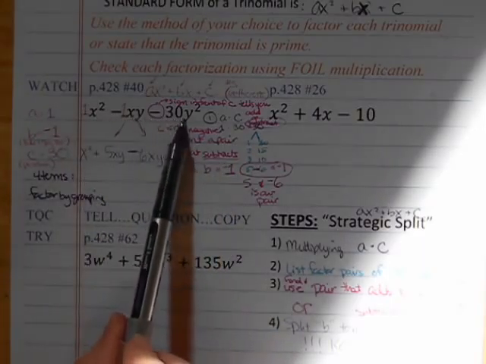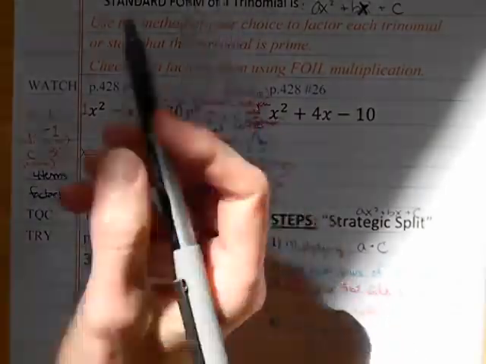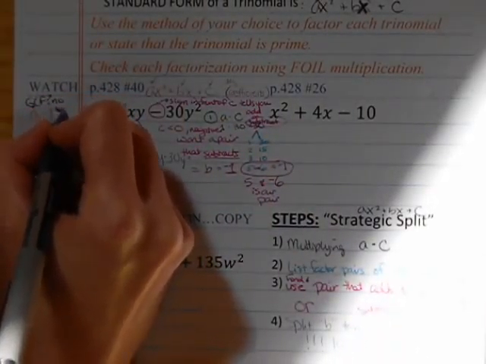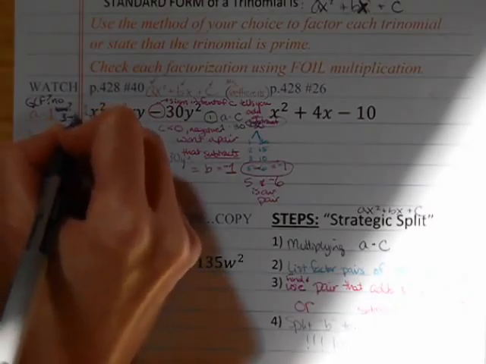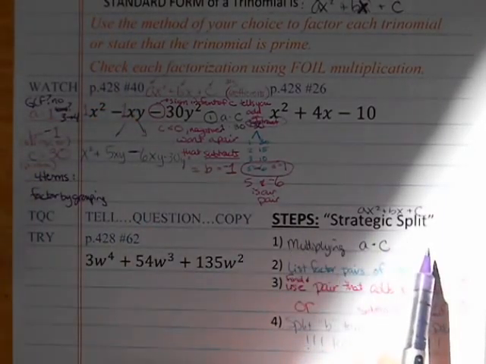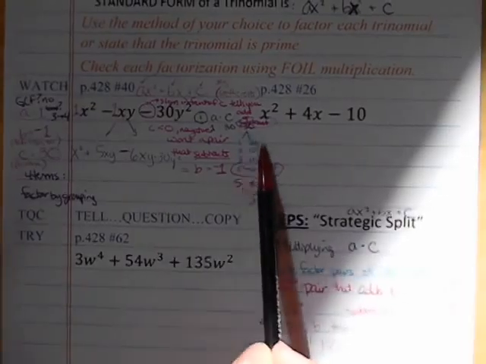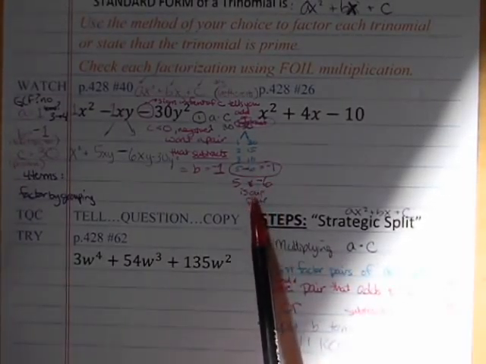Well, there were 3, so we're going to change it to 4. So GCF came first. No. Terms, there were 3. We're going to convert to 4. How? We do the strategic split. And it seems like a lot at the beginning, but once you get the rhythm of it, you'll get faster and it'll become really automatic. And you'll see that factoring is really not that hard. It's one little search for a strategic split pair.